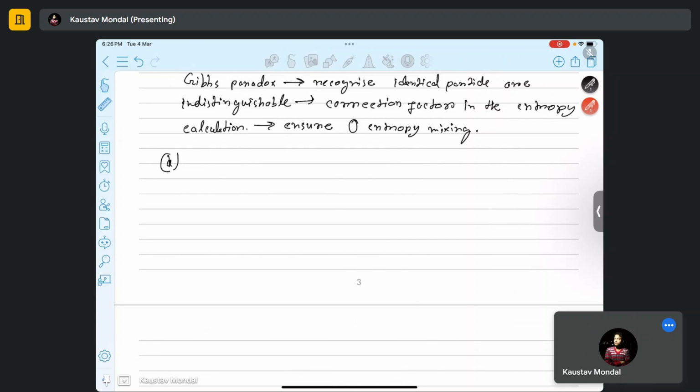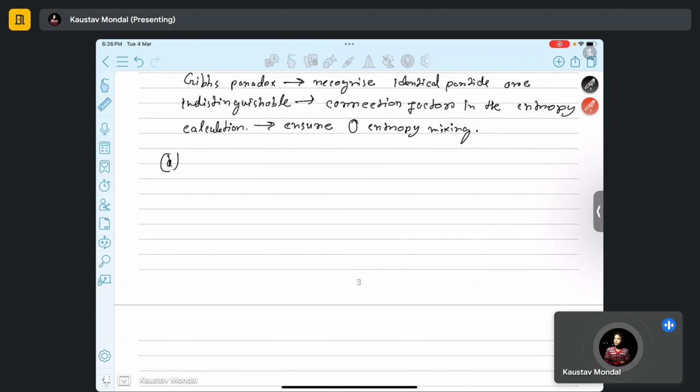Gibbs paradox highlights that this additive property of entropy we have to consider much more carefully when we deal with indistinguishable particles, right?